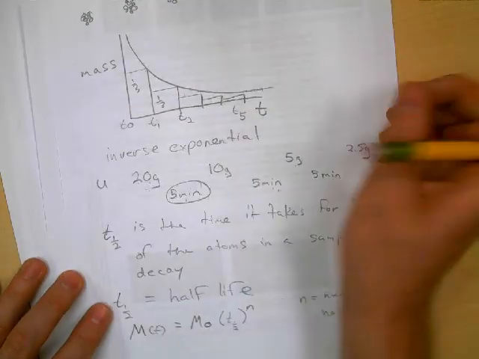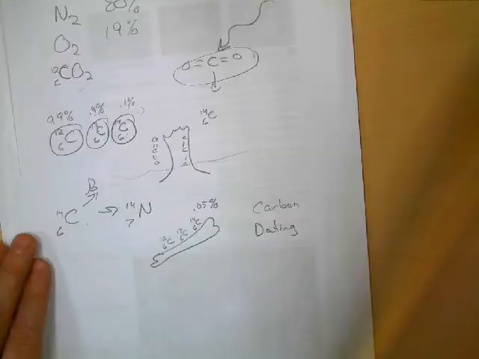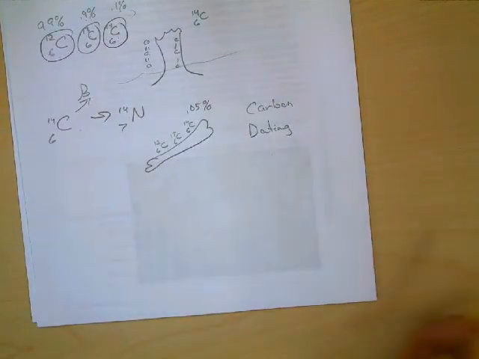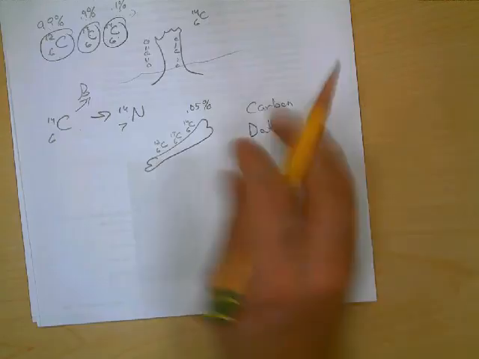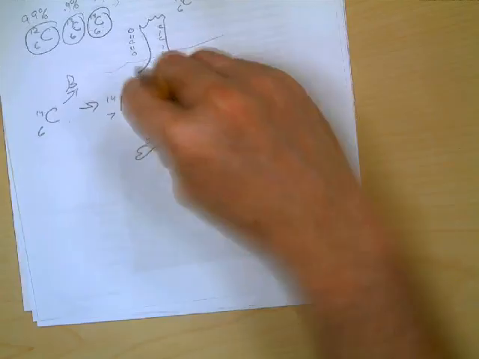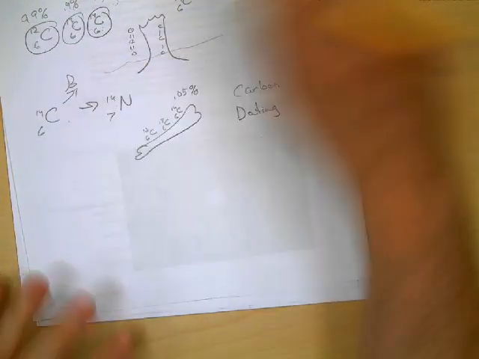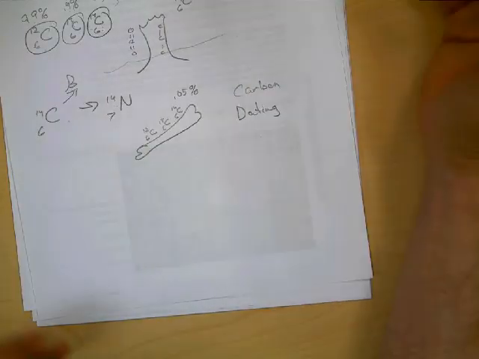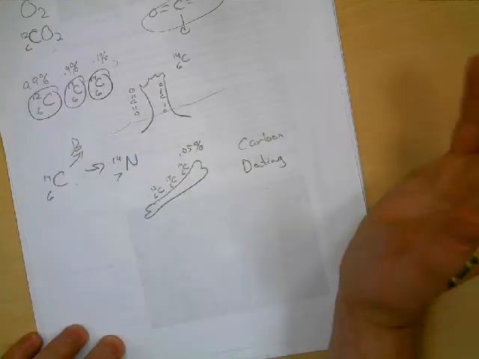So anything that died within the last 40,000 years, let's say, you could do a decent estimate of its age just by measuring the percent of carbon-14 left and comparing it to what it should be, which is the ratio that you see in the air, if that makes sense.